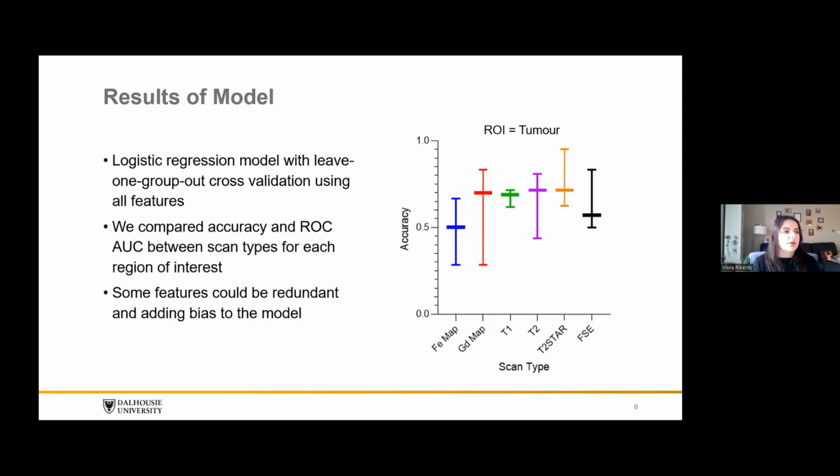On the right, I'm showing the results for the tumor ROI, and we compared accuracy and the area under the ROC curve between scan types. We didn't get very good results, around 0.7 or 70% accuracy, and this is using all of the features. So next we want to look at if some features could be removed because they're adding bias to the model.